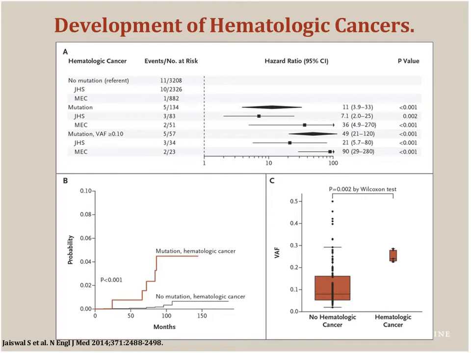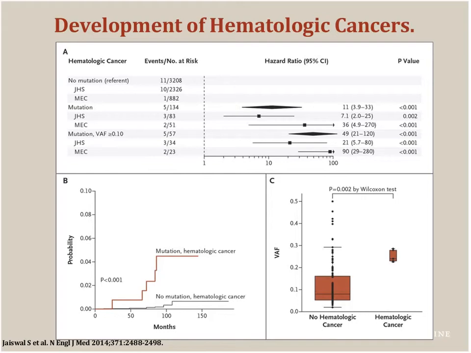in these particular mutations. In panel B here, you can see that there is an association of developing a hematologic malignancy in patients who have somatic mutations compared to those who do not have mutations.